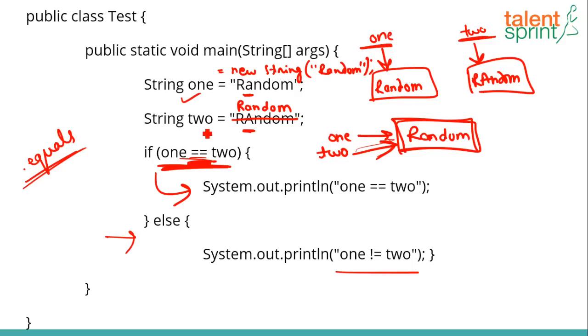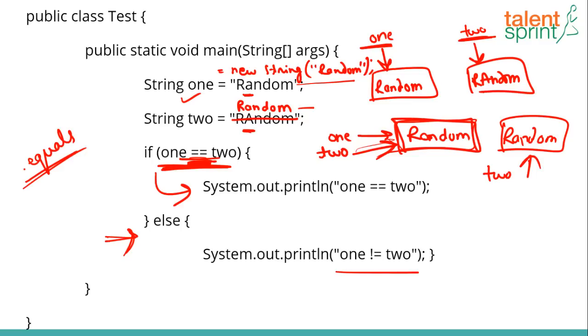Now in this case, even if this and this are the same, this will give an error, because when you create an object using new, it creates a new object. So this will be different, and there will be one more memory location with the exact same value where 2 would point, and again you will go into else. All right.